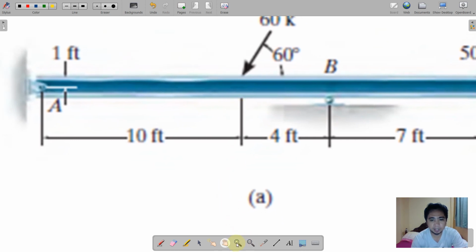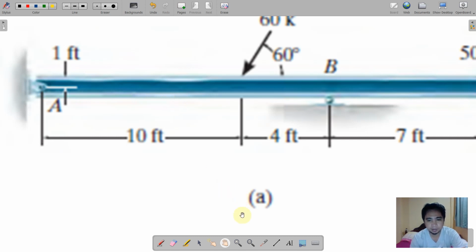So yung ginawa natin kanina, we have neglected the distance of that one. We just assume that ito magkatapat lang yan, kaya nga yung horizontal nito is naka-coincide dito. That is why walang distance or walang perpendicular distance.